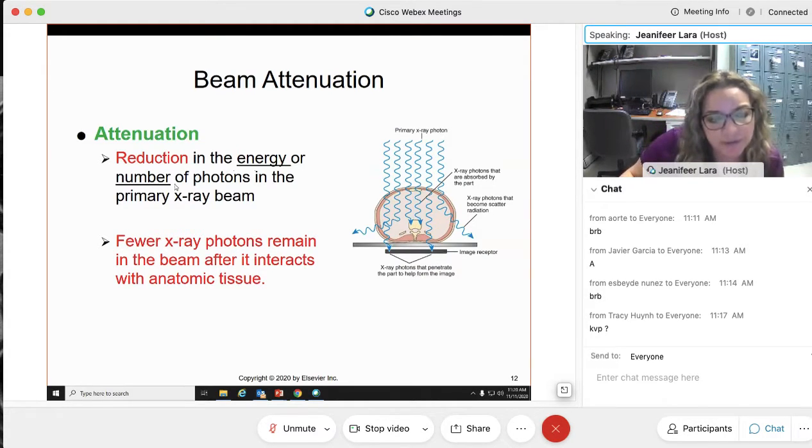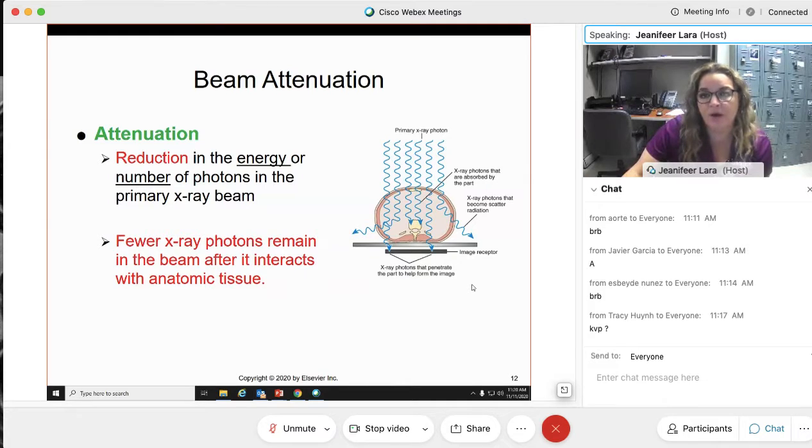Because if we take a look at this image again, how many primary photons went in? 1, 2, 3, 4, 5, 6. We had 6 photons in the primary beam.